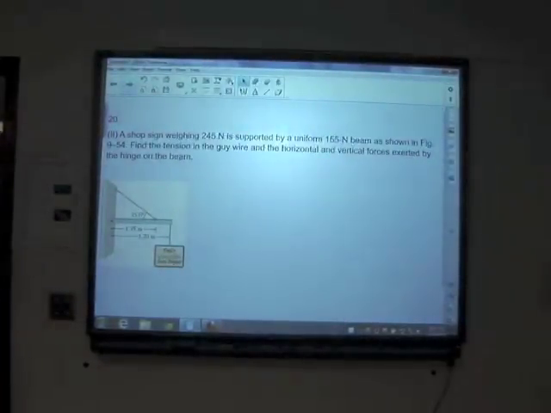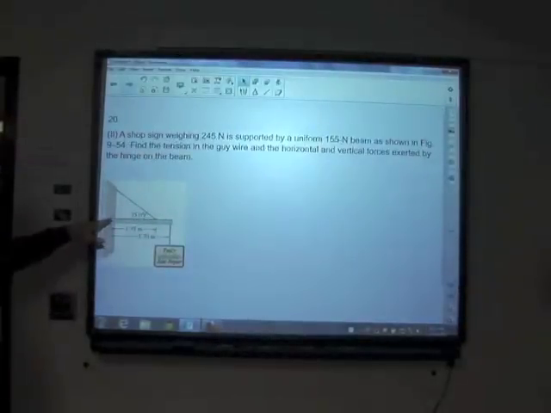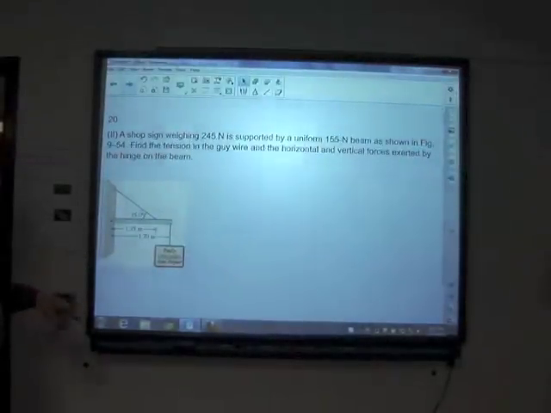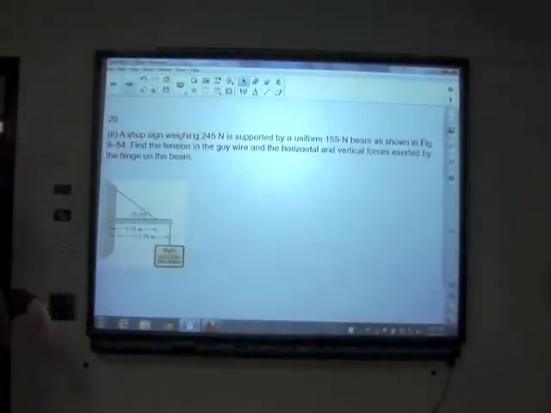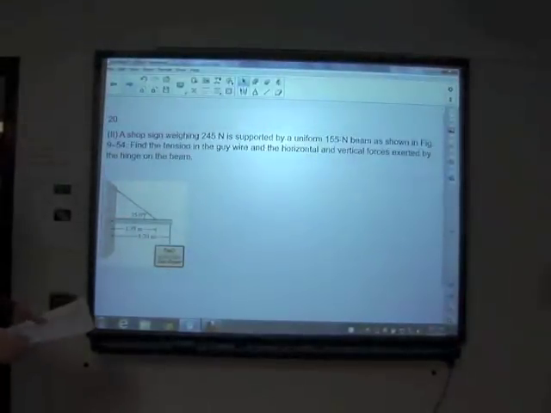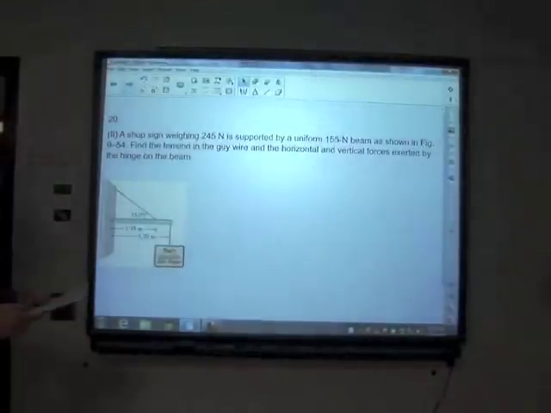Okay? So another question involving torque, and so now you've got here a sign suspended from a board and a hinge here, and then we have this wire attached at this point. And so again, we want to find out what the tension is going to be in terms of my wire in the system.